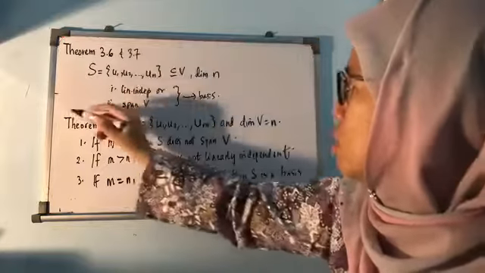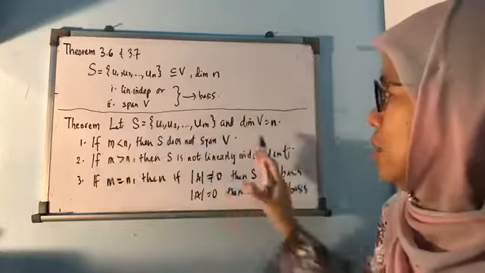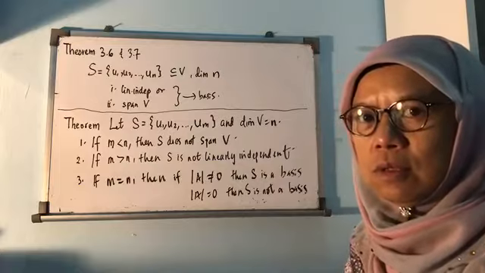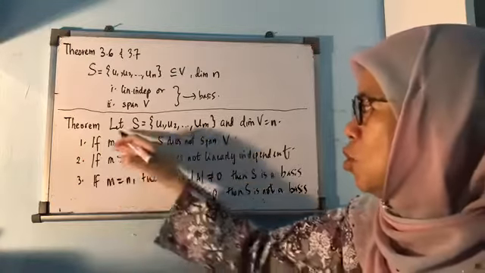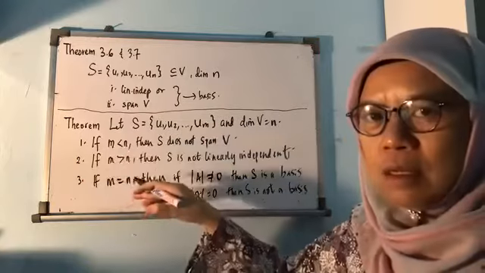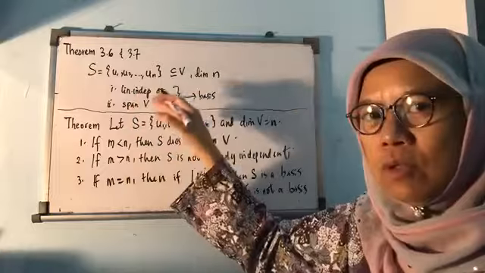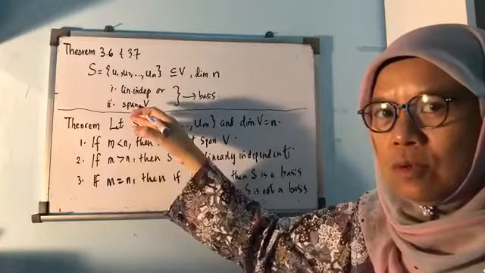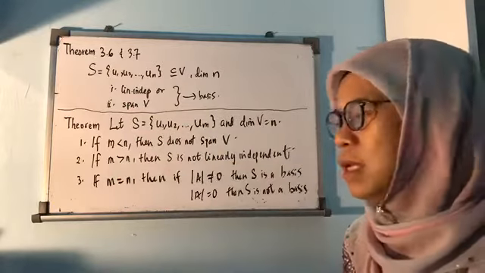So I normally don't use this theorem, but I will use this to decide whether it is a basis or not. You cannot just say yes it's a basis or no because of just m and n, okay? Because you have to show these two. Every time you have to determine whether it's a basis or not, you have to show these two. Otherwise you will lose your mark. What do you mean by 4 bigger than 3?